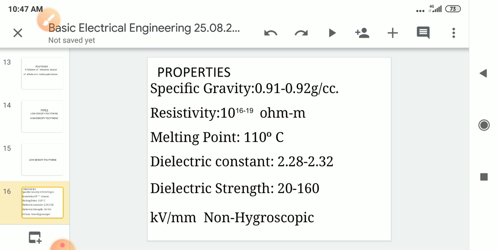Dielectric constant is 2.28 to 2.32, like that. Dielectric strength is 20 to 160 kilovolts per mm. It's non-hygroscopic in nature. These are the properties related to this low density polythene type.